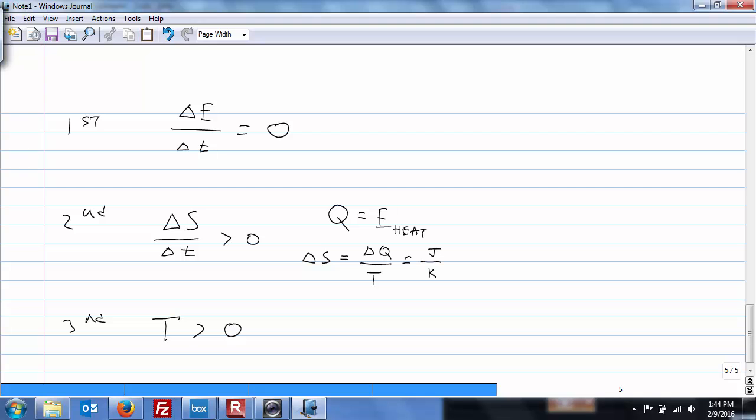Absolute zero is negative 273 Celsius. It's 0 Kelvin. It's negative 500 something Rankine or Fahrenheit. Anyway, heat is always trying to leak from some place to somewhere else. So no matter how hard you try to make the temperature zero somewhere, there's always going to be some heat that invades your little experiment. So those are the three laws.